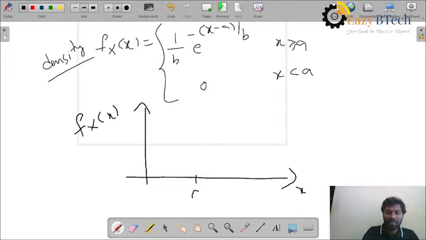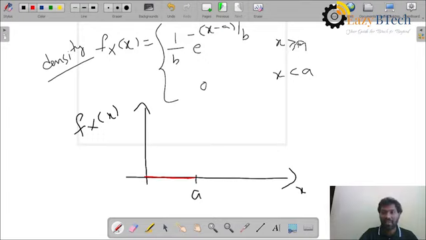Suppose I assume a is here. According to the definition, for x less than a it is always 0, so from here till a it is 0. For x greater than or equal to a, it has the expression.